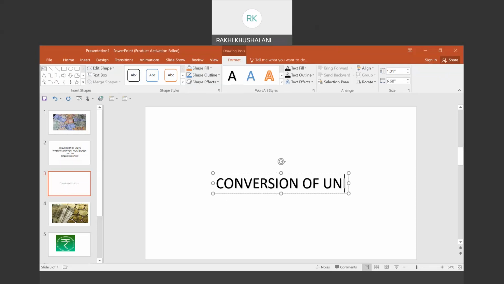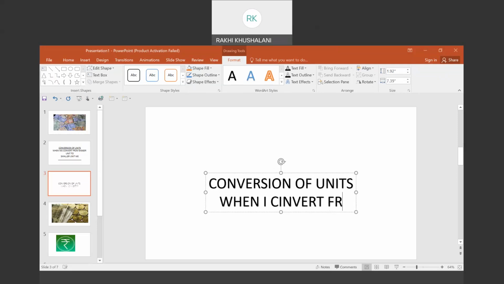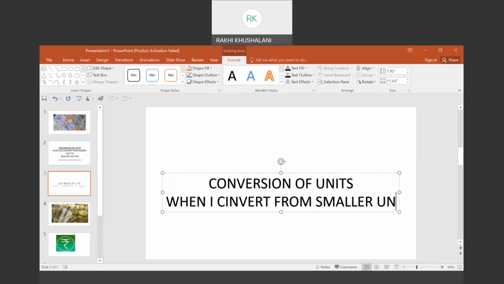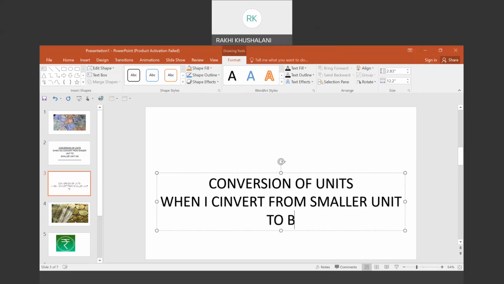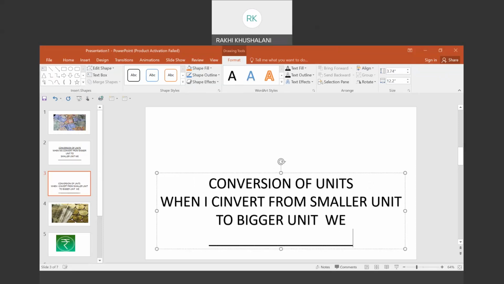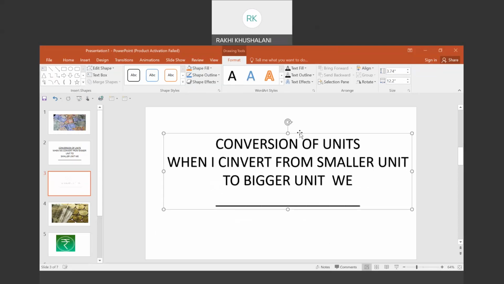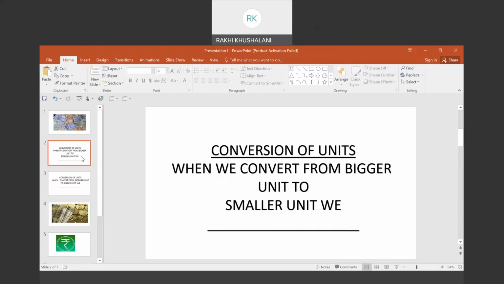Conversion of units when I convert from smaller unit to bigger unit, what should this dash be? You'll have to remember this, find out, and tomorrow answer my question.